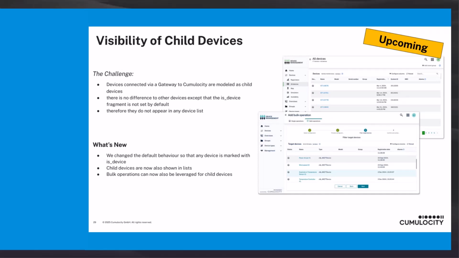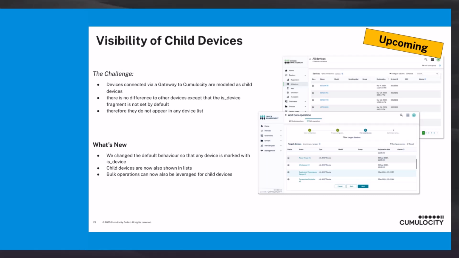The next one is the visibility of child devices. Devices that are not directly connected to Cumulocity but via a gateway are modeled as so-called child devices. Other than that, they are just modeled as devices, with the small difference that they didn't have the isDevice fragment attached to differentiate between child devices and regular devices.